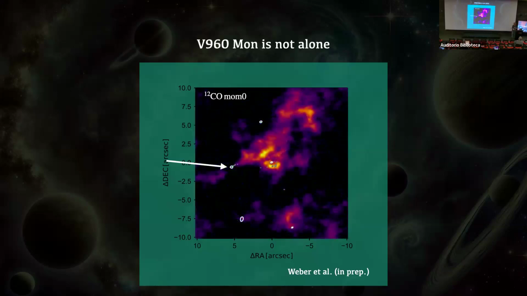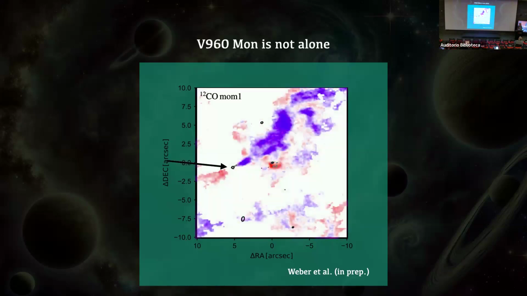In 12CO, we cannot see the primary itself, the outbursting star, because there is some foreground material that blocks our view. And then we saw that this foreground emission is centered on this eastern object.